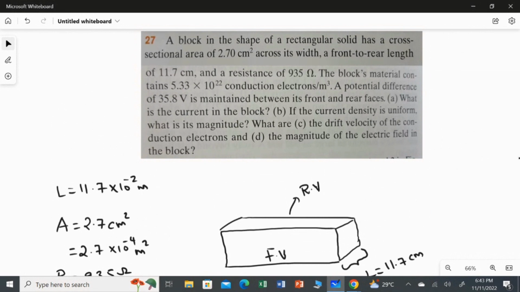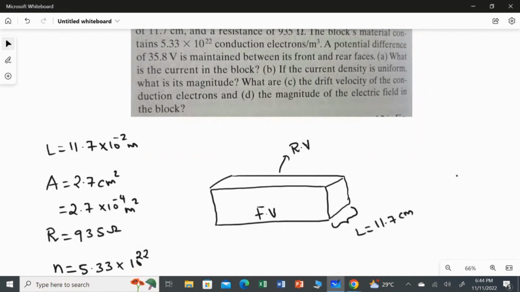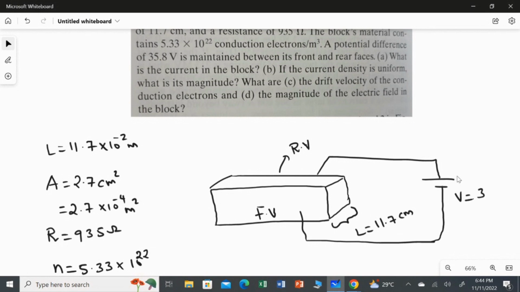That means from the front side to the back side, front view to the back view, we are going to apply the voltage of 35.8 volt. So these are all the values they give in this question.